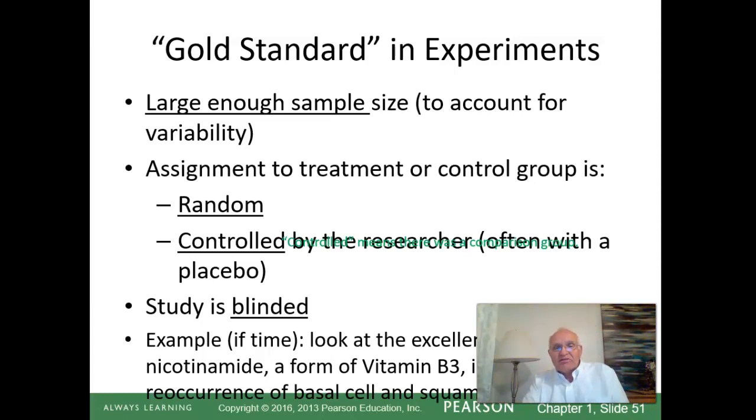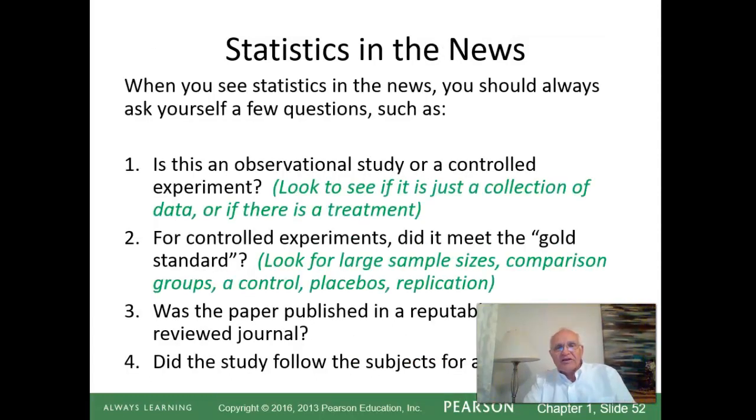There's an example of a well-designed study on research on nicotinamide. I think that's nicotinamide, a form of vitamin B3, and they think it might be effective in preventing basal cell and squamous skin cancer. You can go look up that research online. It's pretty easy to find.